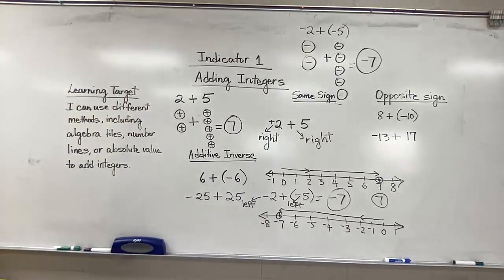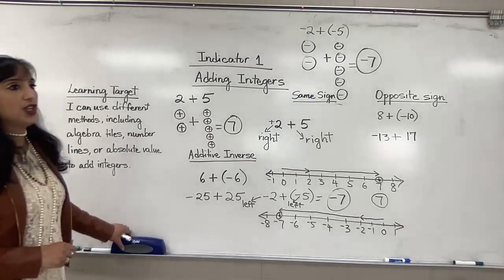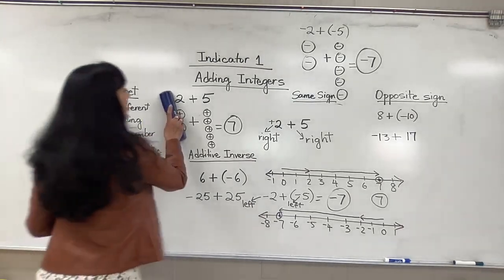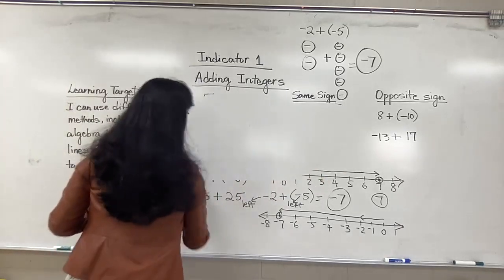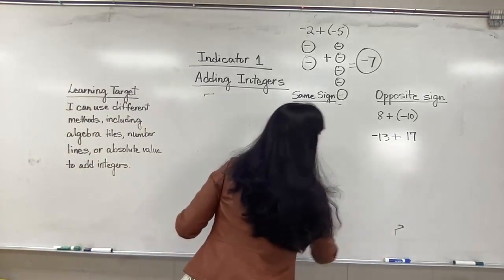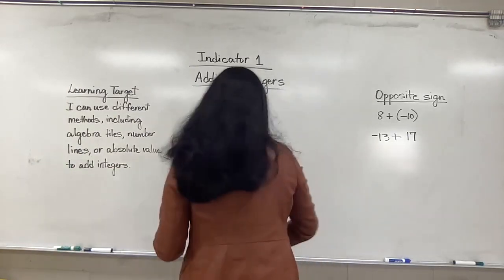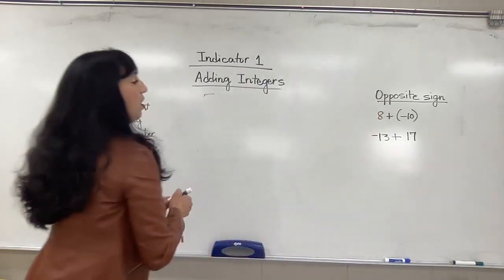Once again, if I'm using absolute value, you add the absolute value of the integers and then use the common sign. All right, now let's talk about integers with different signs. So the opposite sign or different sign.